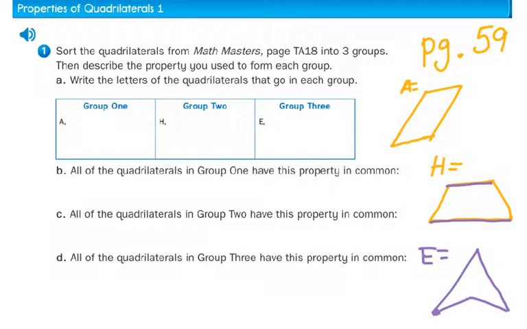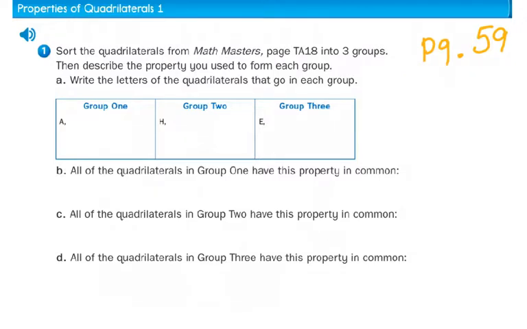Start with that one. What I notice about A is that opposite sides, you can fill this in on journal page 59, that they have 2 pairs, right? In order to have a pair, you have to have like a top and a bottom and a left side and a right side.